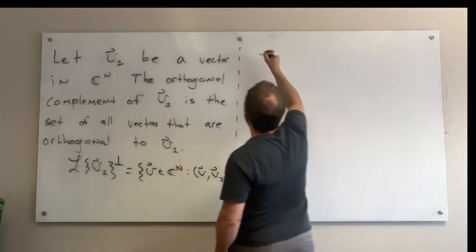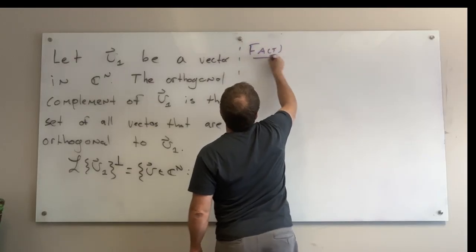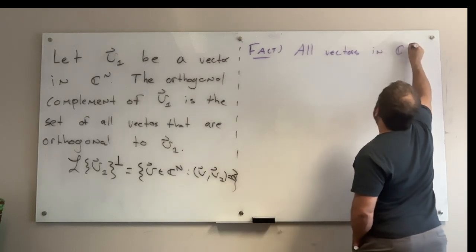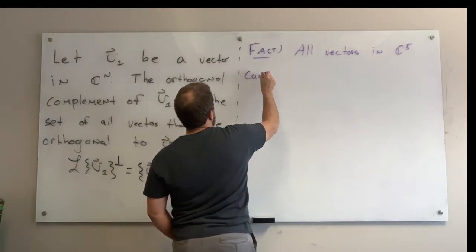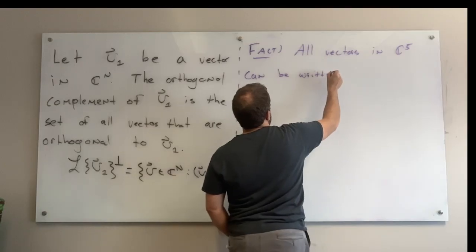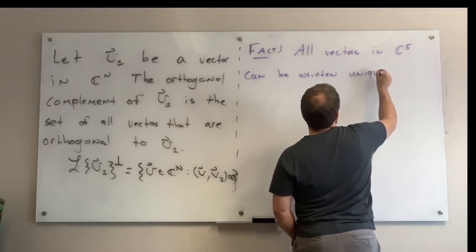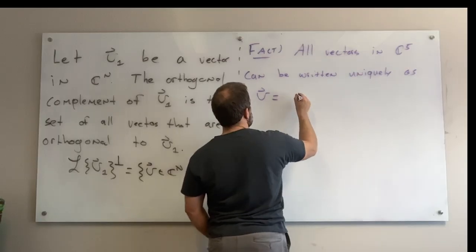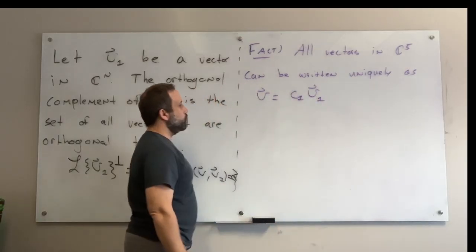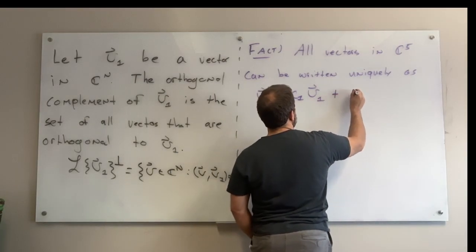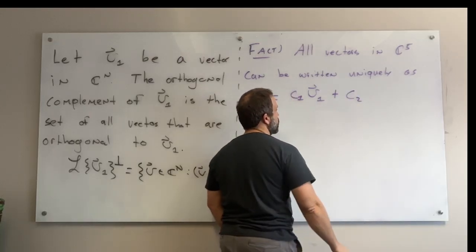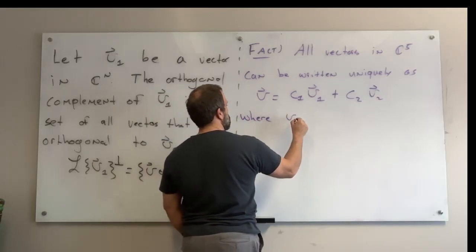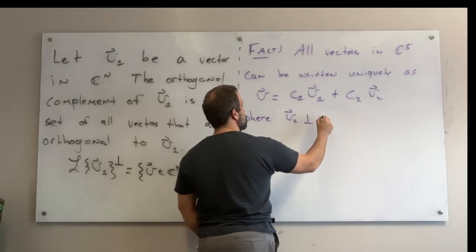Okay, here's a fact. All vectors in C5 can be written, and uniquely, there's one way to do it, as, so let's say V is equal to some multiple of V1, plus C2 V2, where V2 is orthogonal to V1.